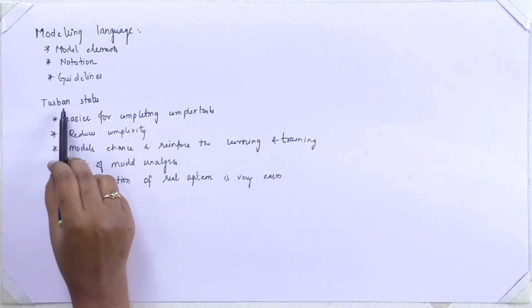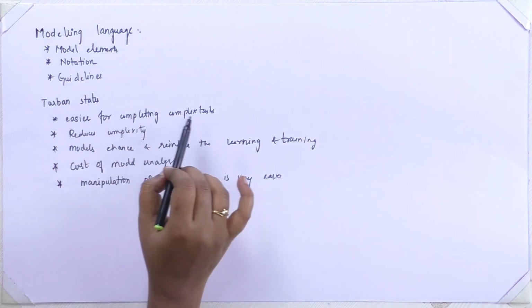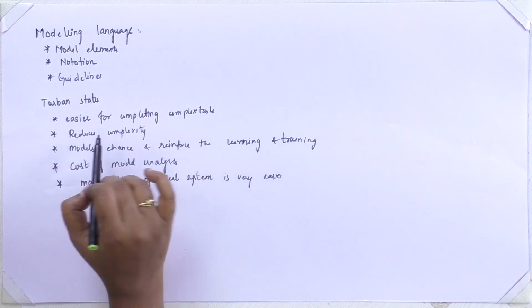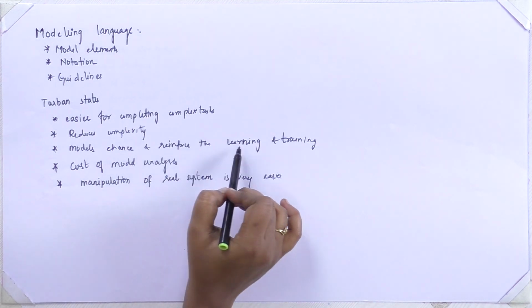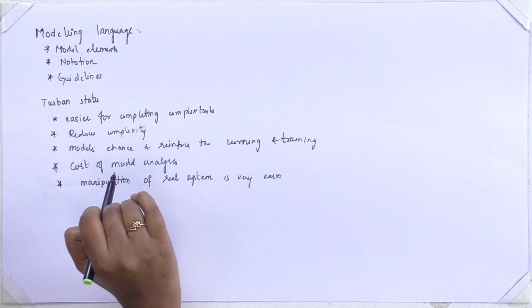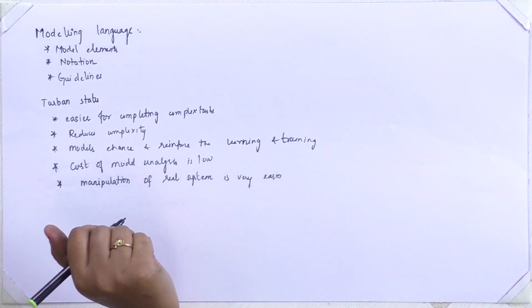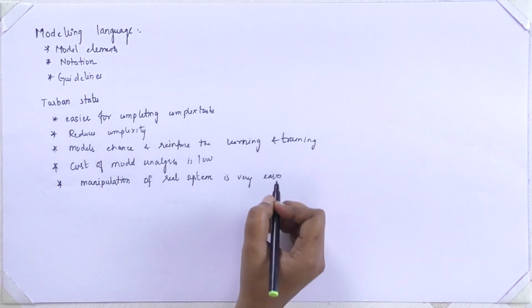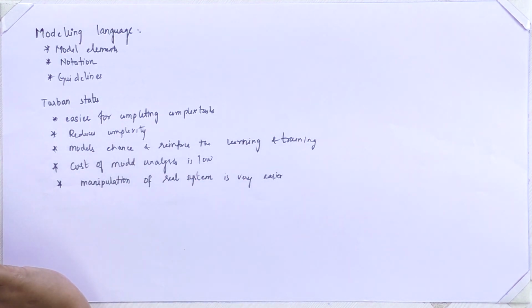So according to the author Turbin, modeling makes completing complex tasks easier. So it reduces complexity. This model enhances and reinforces the learning and training part. The cost of model analysis is low in modeling the software. Manipulation of the real system is very easy in modeling the software.